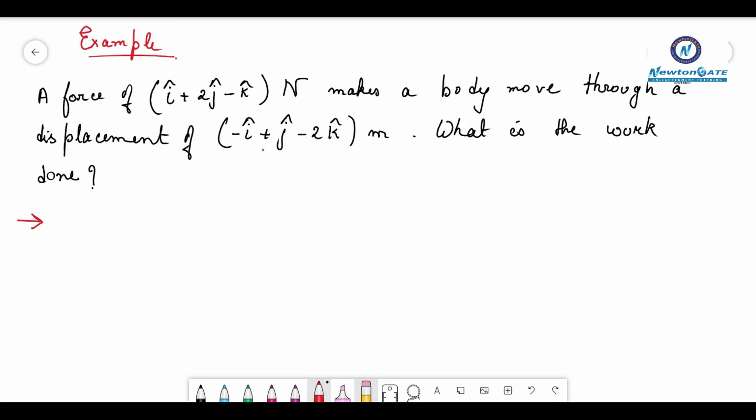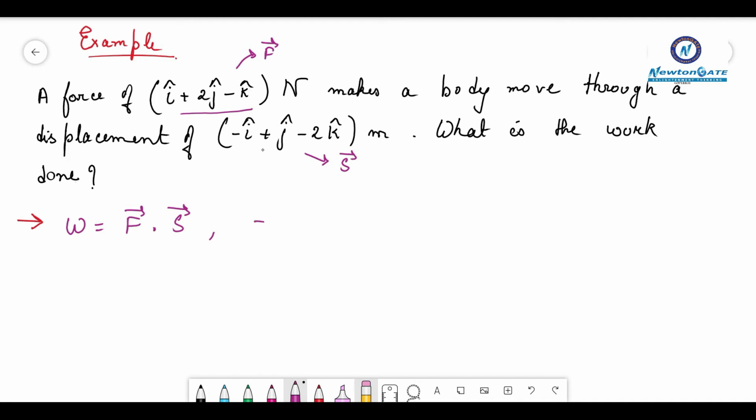So we need to find the work done by the body that experiences a force and gets displaced. Now we know the formula for work: W is equal to F dot S. Force is given, this is my force value, so I can take it as F, and this is my displacement value.